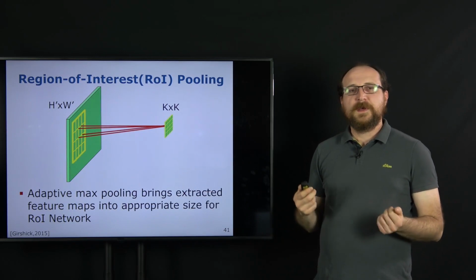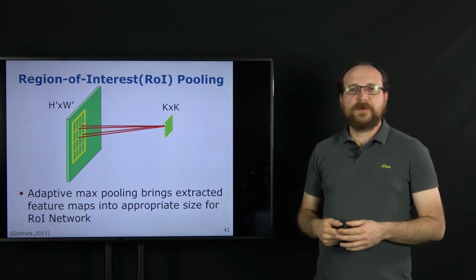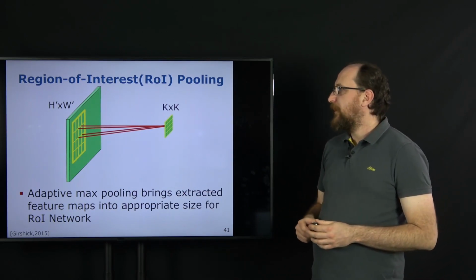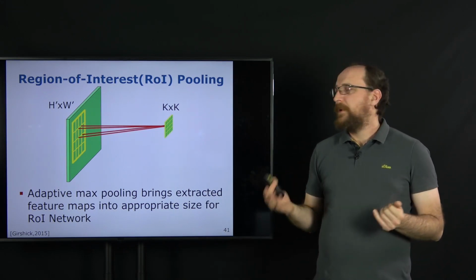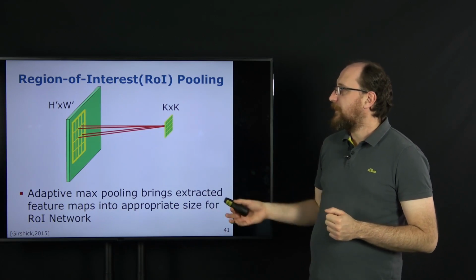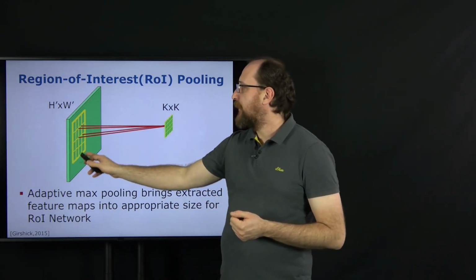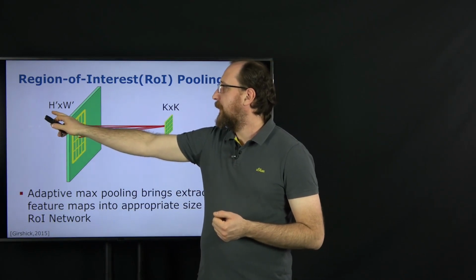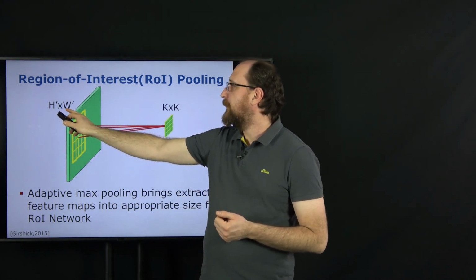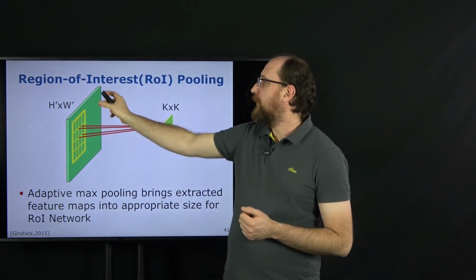For this case, usually region of interest pooling is used, which is very similar to maximum pooling, but here we have an arbitrarily sized region of the feature map, indicated by h' times w', which is smaller than the whole image.